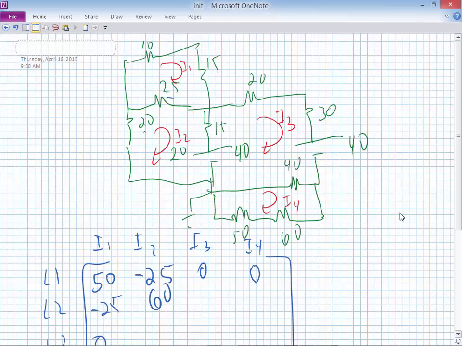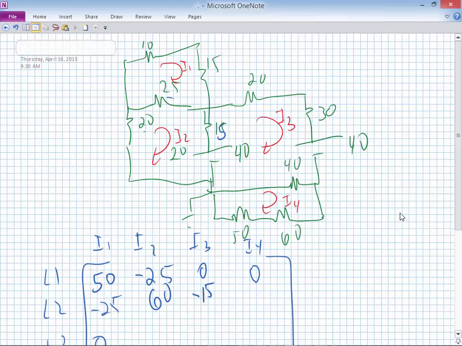Between loop 2 and loop 3, I've got one resistor, the 15, that's in common. My 15 doesn't look very good, but this is 15 right there. I2 is going down, I3 is going up, so it's going to be minus 15 right there.